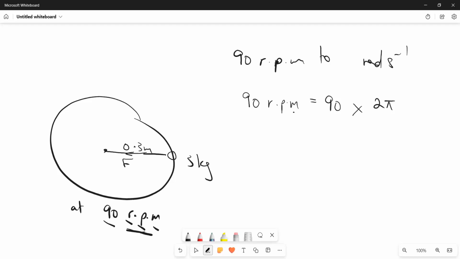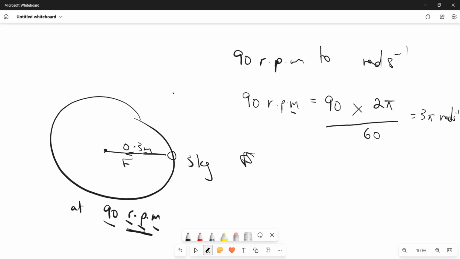And remember, this is per minute, so we have to convert it to seconds by dividing by 60. So this is 90 revolutions per minute, and to convert it to seconds, you divide by 60. I think that should turn out to be 3 pi radians per second.